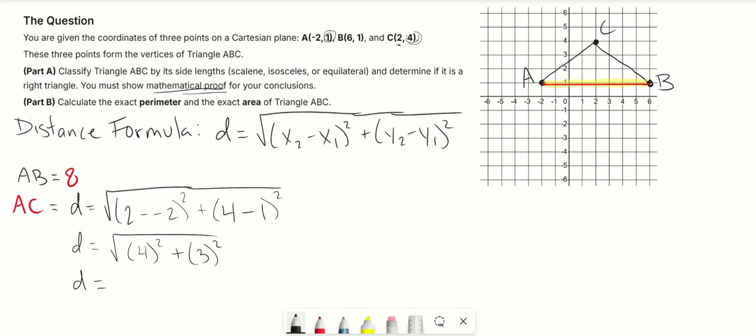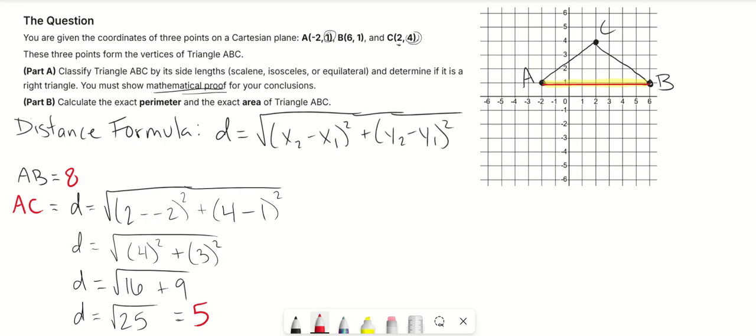So I see now, inside my square root, I have 4 squared, which is 16, plus 3 squared, which is 9. 16 plus 9 is 25, and 25 happens to be a perfect square, and I know that the square root of 25 is 5.